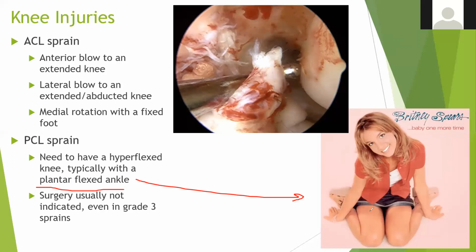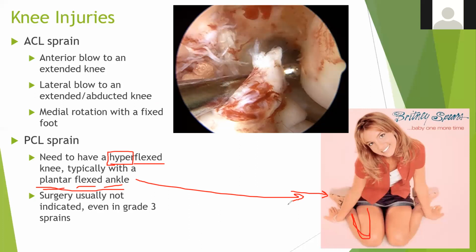When you have a hyperflex, so hyper means big, flexed means bent, so your knee is really bent, and you can see her knees are really, really bent here. And you have a plantar flexed ankle. So if you look at her ankle there, plantar flexed means your toes are pointing towards the ground.